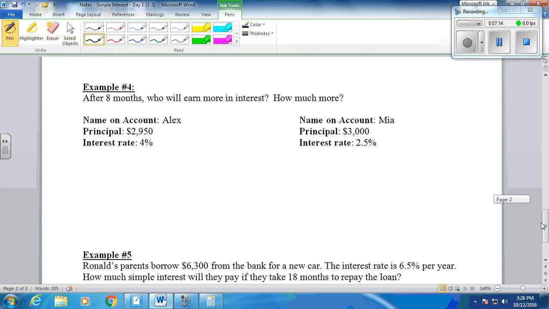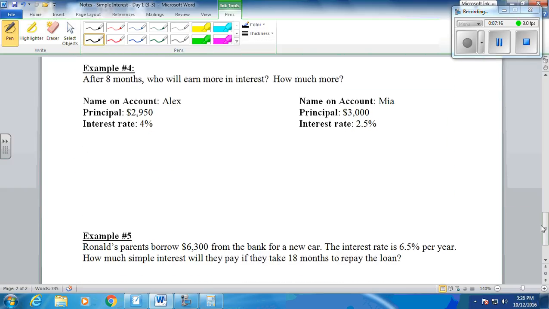So for question number 4, it says after 8 months, who will earn more interest and how much more? 8 months, that means I have to talk about my time being 8/12, which I can reduce. 8/12 would reduce down to, oh, not 4, let's try 2/3.